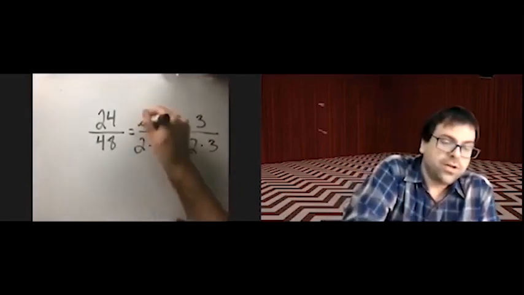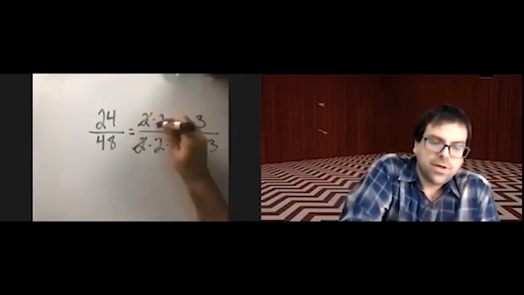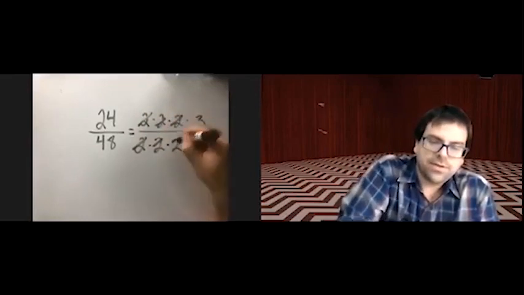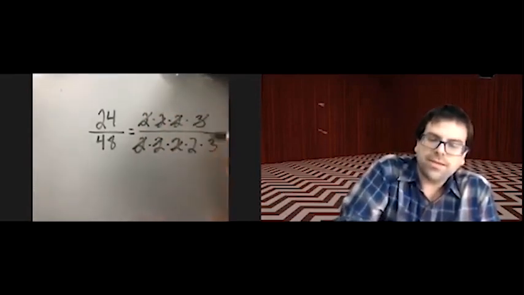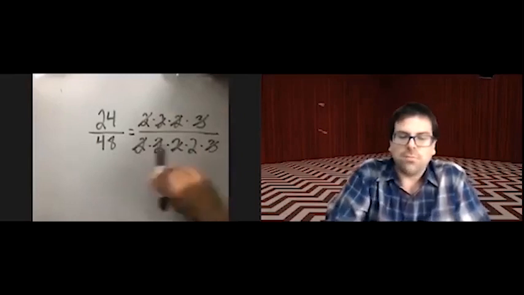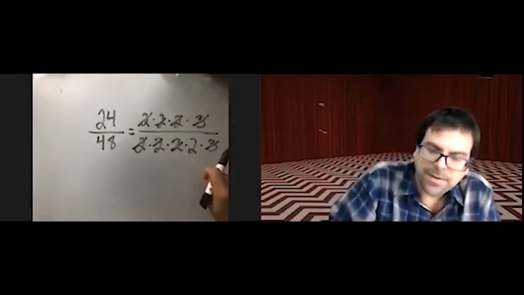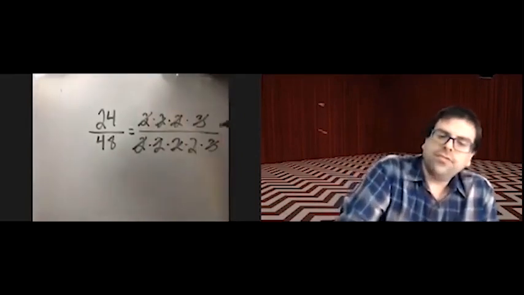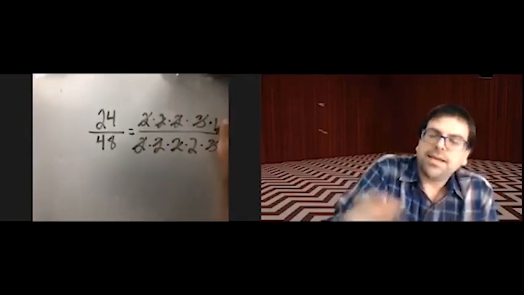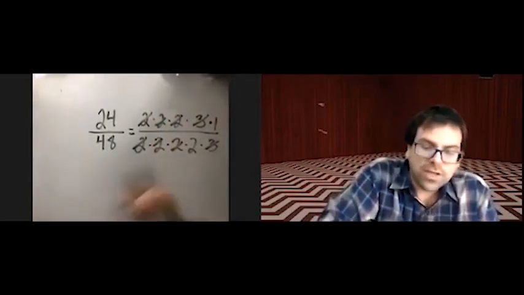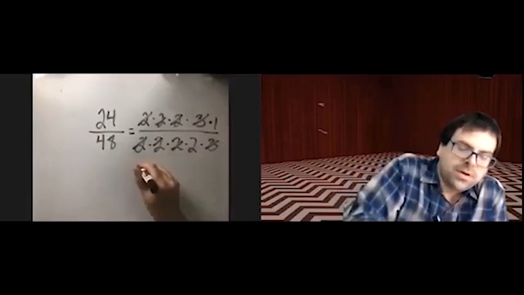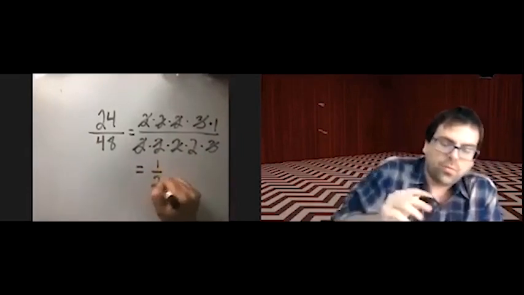And then we said we could cancel pairs. And we can only do this if it was all multiplication on the top, all multiplication on the bottom. There's nothing left on top, and we know because anything is itself times 1, there's really a 1 left on the top, and we're left with 1 over 2.